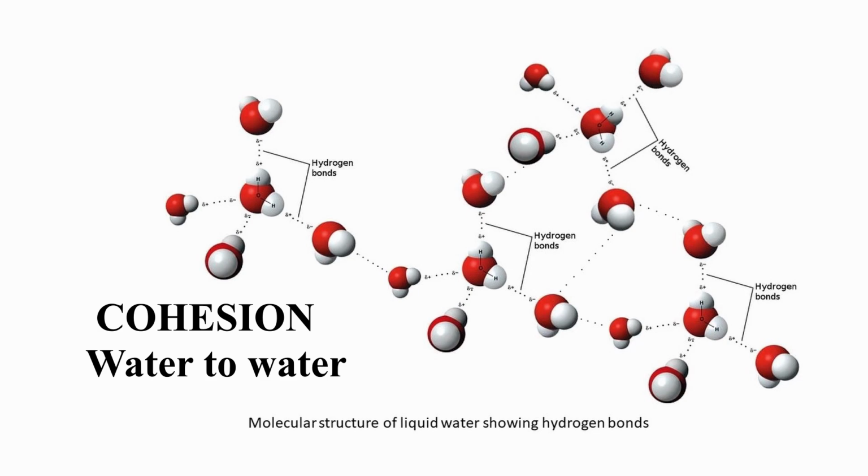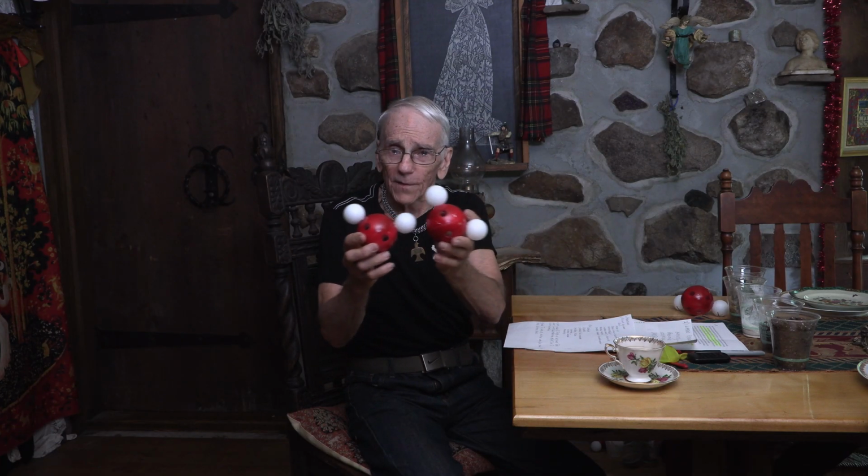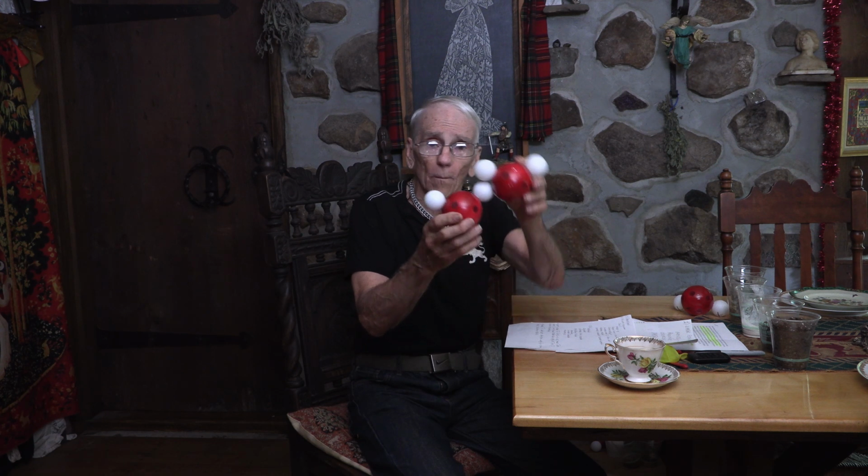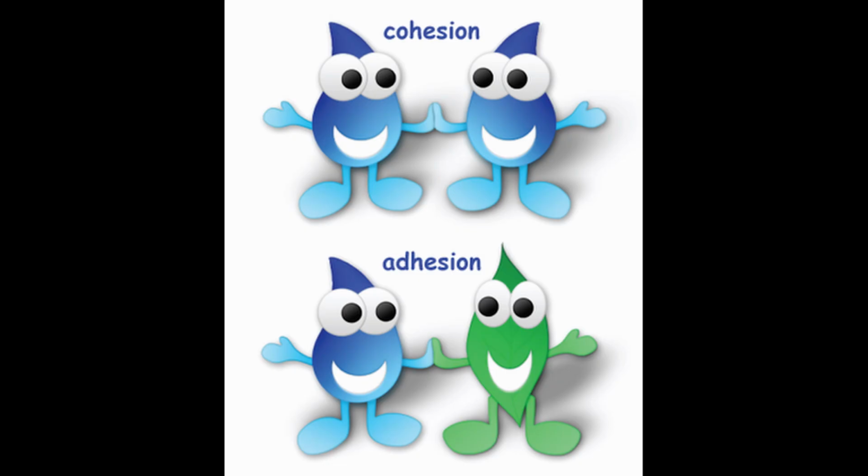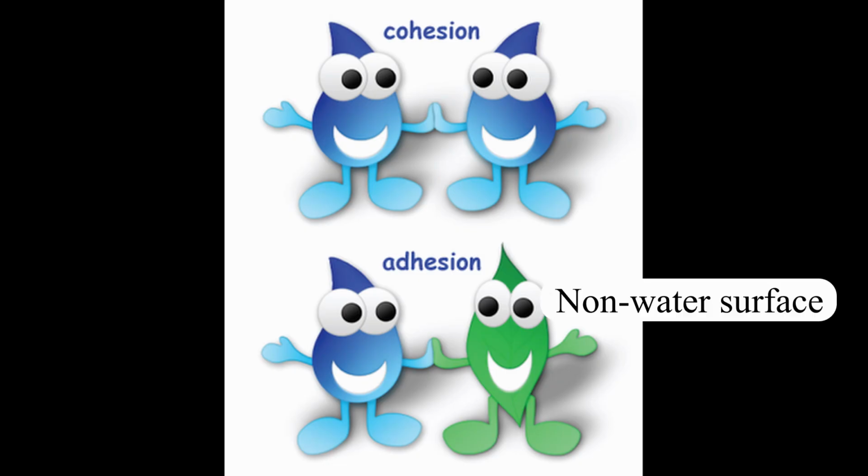So we get them traveling together if they're being pulled in one way or the other, either by a pressure component or by gravity. We look at the properties of adhesion, which is the sticking of a water molecule or water molecules to non-water surfaces.